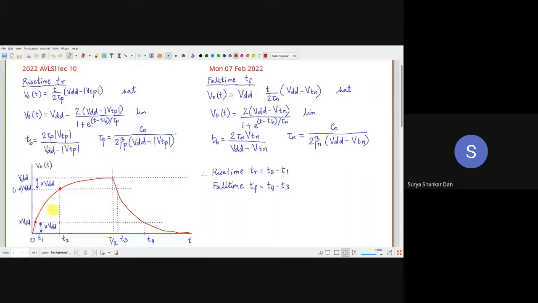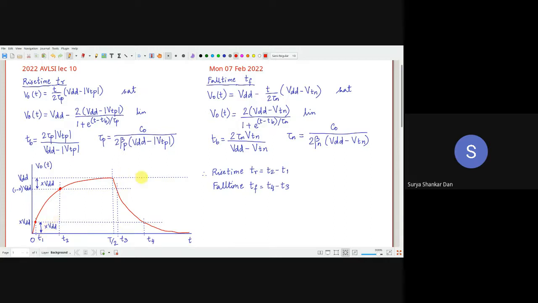So if we can find out the instances where VO is crossing X VDD and 1 minus X VDD, that will give us T2 and T1. Therefore, the rise time will be defined as follows. Remember, this X is a variant depending on the application we are considering. So this rise time TR will be defined as the difference between T2 and T1. Very simple.